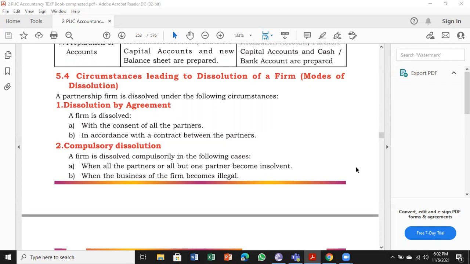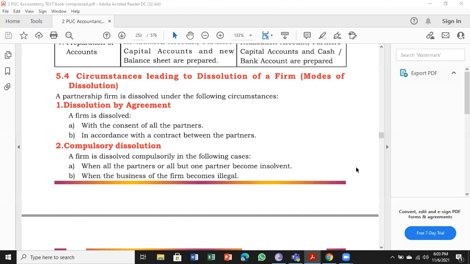In the agreement itself, it has been mentioned that at some point of time in the future, when all the partners agree or give their consent to close the business, they can definitely close whenever they want. Maybe after 5 years, 10 years, 15 years, whenever they want. If all the partners agree, the business may be closed.